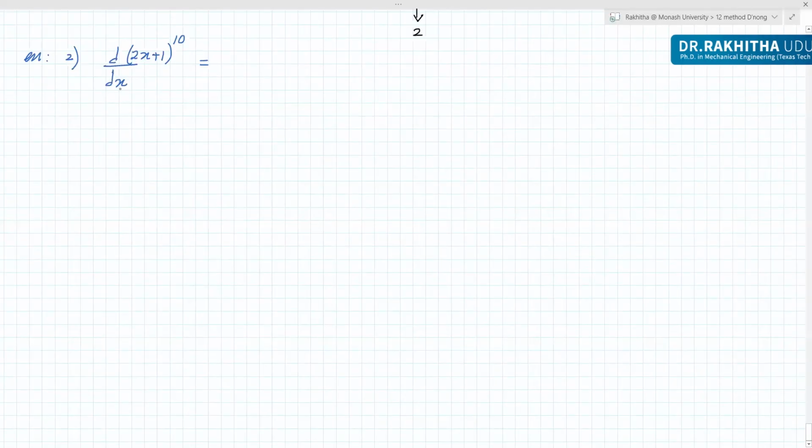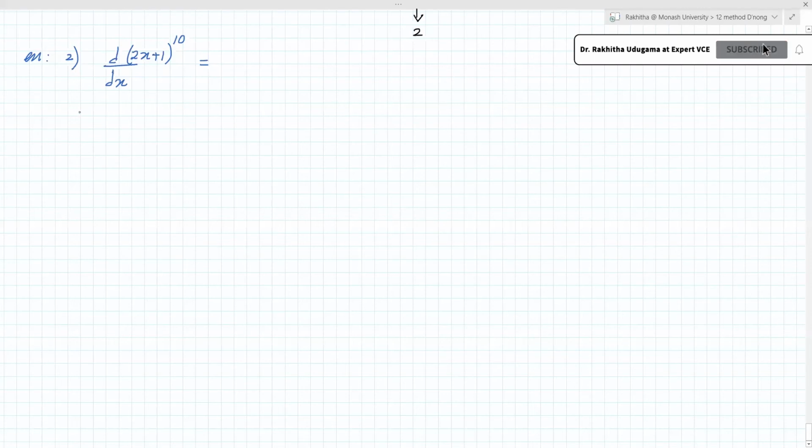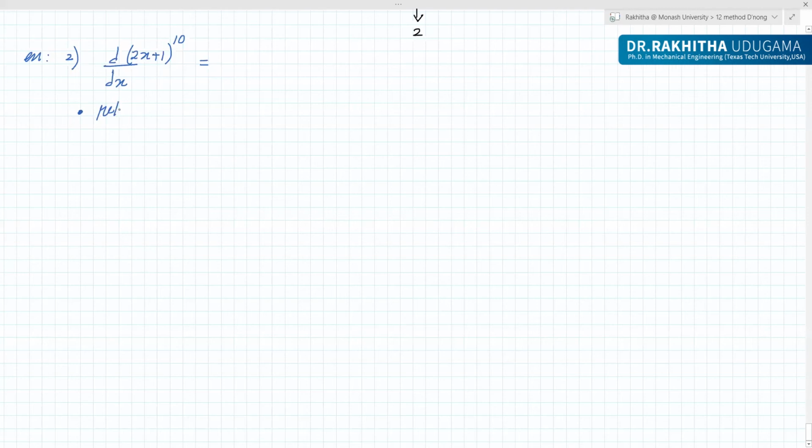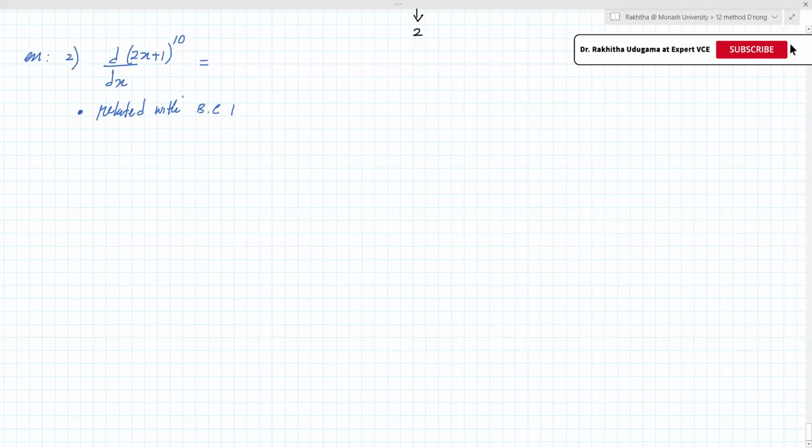Now, the first thing you can think of is related to base case number 1. Base case number 1. Now, you see x here, but you can't see x here.